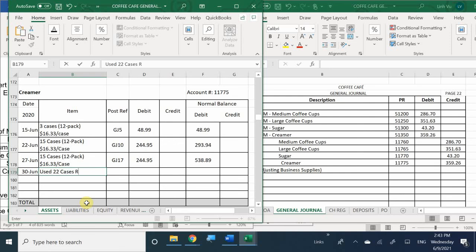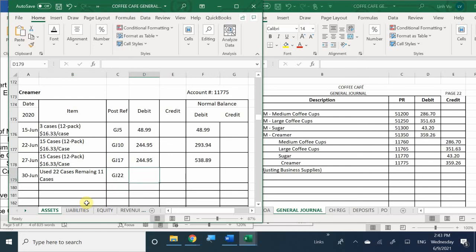So that means we have remaining 11 cases. All right. So how much did it cost me to use 22 cases? $359.26 brings the running total to 179.63. So that's the remainder of the 11 cases that are left.